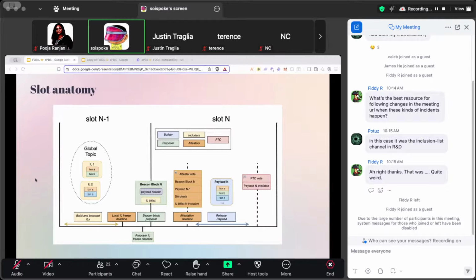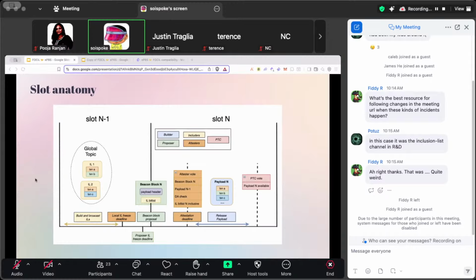And the last part is the actual IL bit list for the beacon block N. If the attesters are doing that check, as I said, it could be done by the PTC too, then exactly like in the diagram, the IL bit list in the block has to include all ILs the attester was aware of at its own freeze deadline.